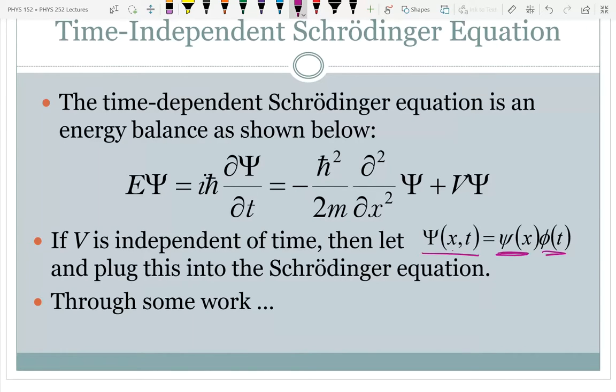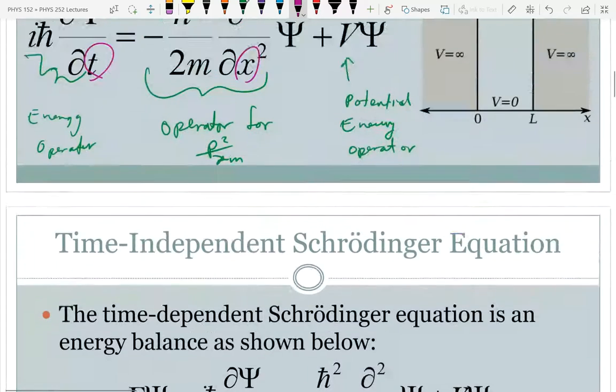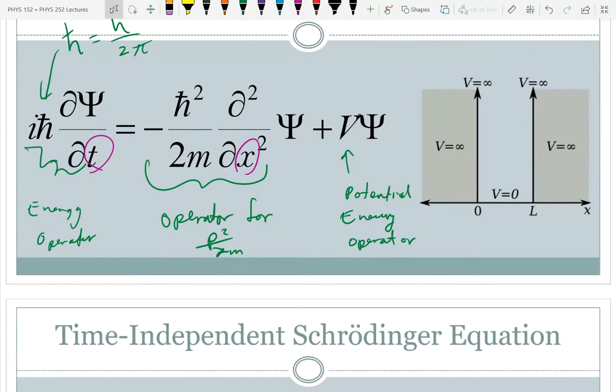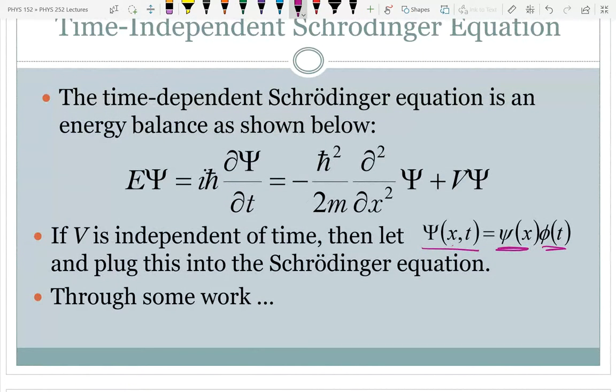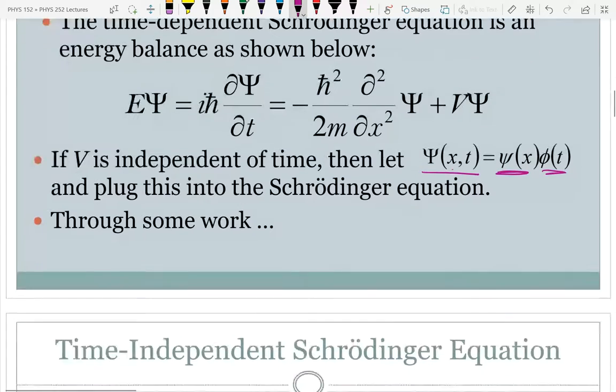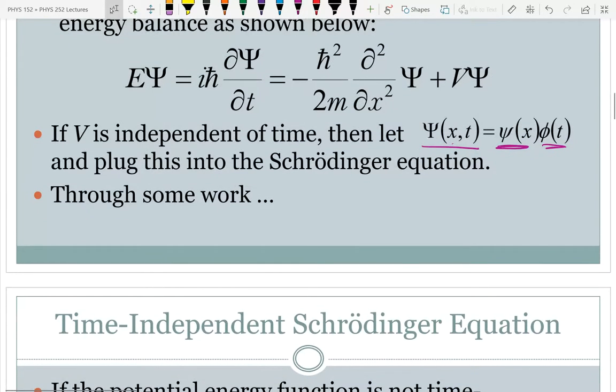And when you put it into the Schrodinger equation, if the potential energy is only a function of x, position, and not a function of time, then it turns out that you will be able to write it this way, that you'll have it separable. And when you have it separable, you end up with two equations.